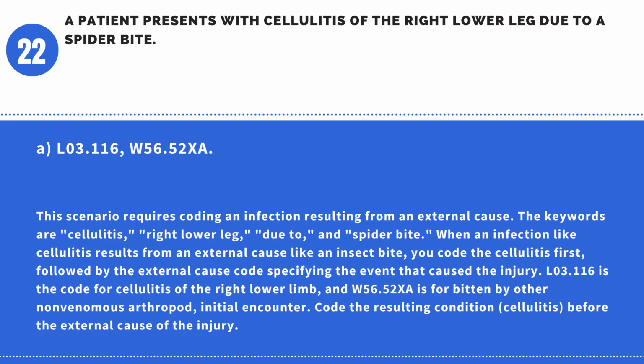When an infection like cellulitis results from an external cause like an insect bite, you code the cellulitis first, followed by the external cause code specifying the event that caused the injury. L03.116 is the code for cellulitis of the right lower limb, and W56.52XA is for bitten by other non-venomous arthropod, initial encounter. Code the resulting condition, cellulitis, before the external cause of the injury.